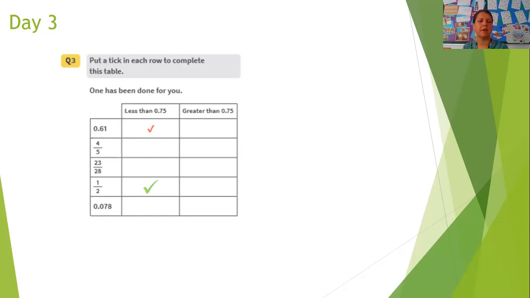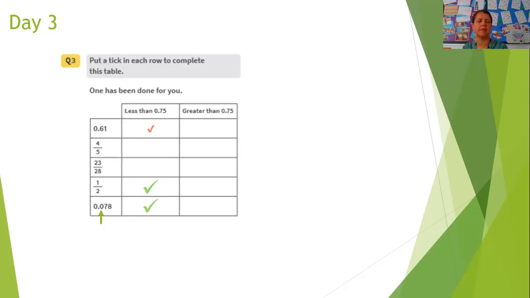If I'm looking at comparing tenths, there's another one that I can do quite easily here as well. If I look at the last number, 0.078, I've got no tenths, 0 in the tenths column. So although it's a longer number, it is less than 0.75, because I've got 7 tenths in 0.75. So I'm going to put a tick in less than there.